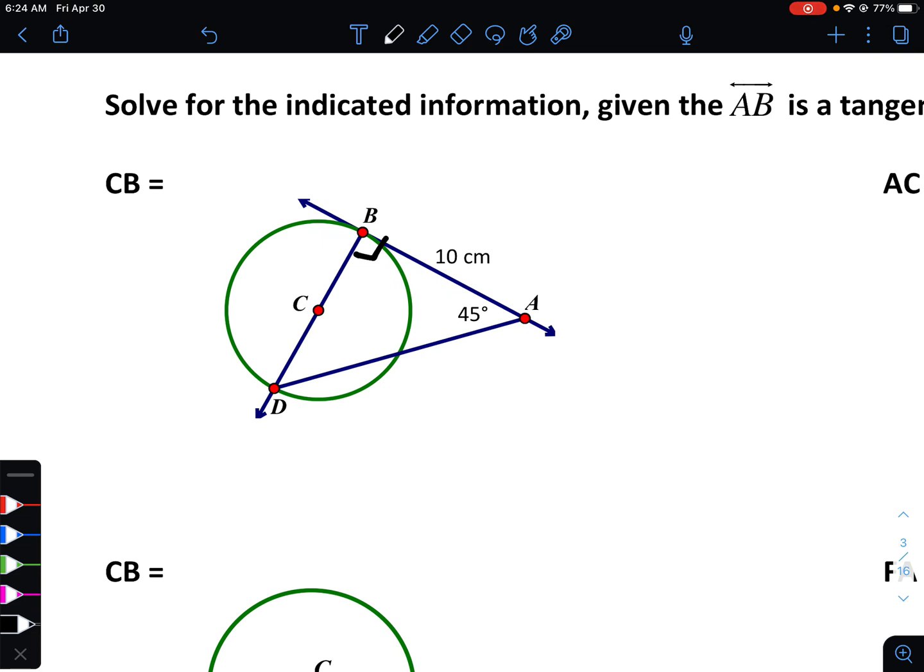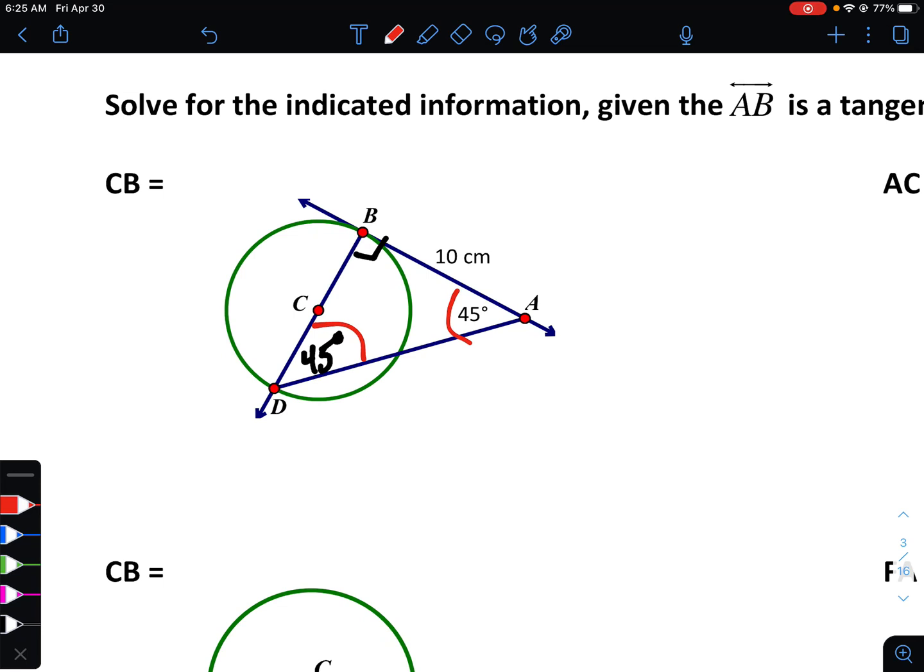So if we want to find CB, one thing that we can do to make this really easy, notice that it's a 45 and a 90. That means that the other angle also has to be 45. So this is a 45, 45, 90 triangle. And in a 45, 45, 90 triangle, notice that it's also an isosceles triangle, meaning that your two angles at the base of the triangle are congruent.